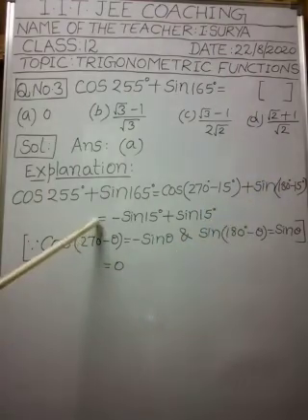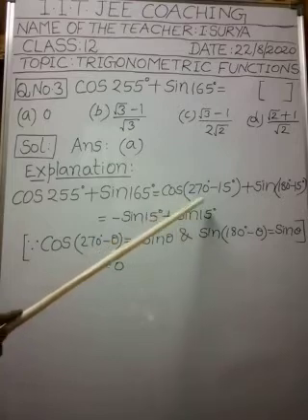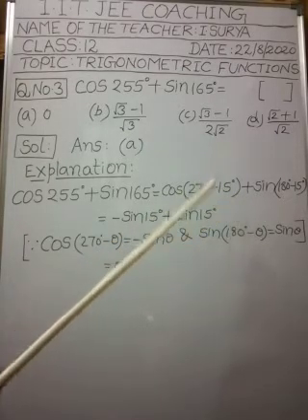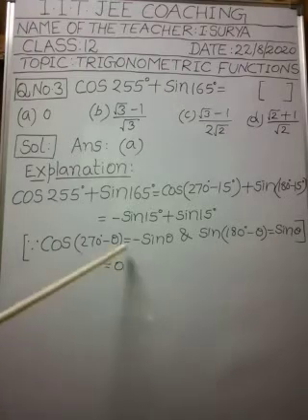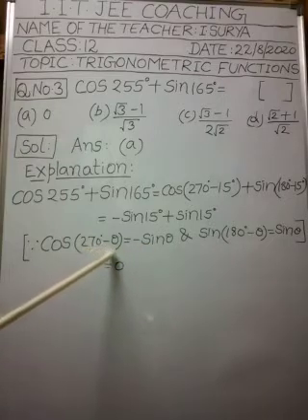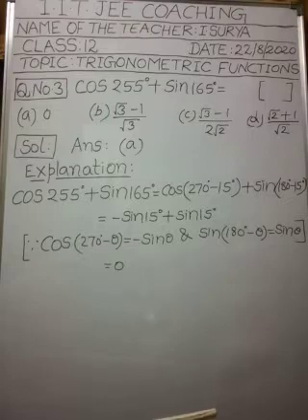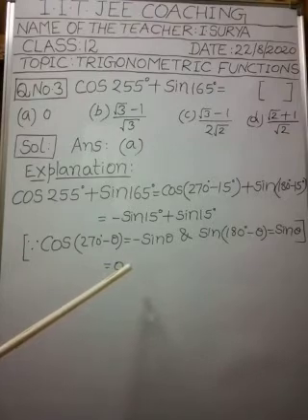Right. That is equal to, if you observe this first term, it is in the form of cos(270 degrees minus theta). Do you remember the formula for cos(270 degrees minus theta)? Yes, minus sin theta, because the angle 270 degrees minus theta lies in the third quadrant.